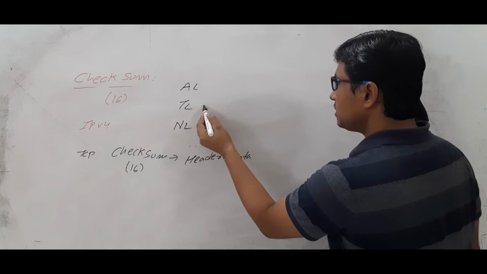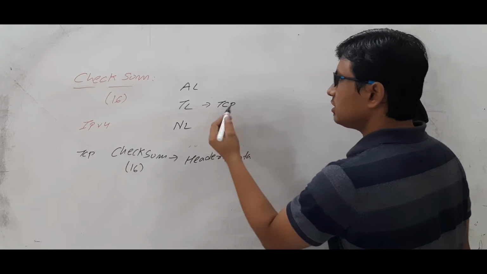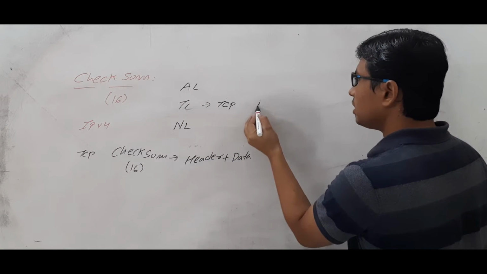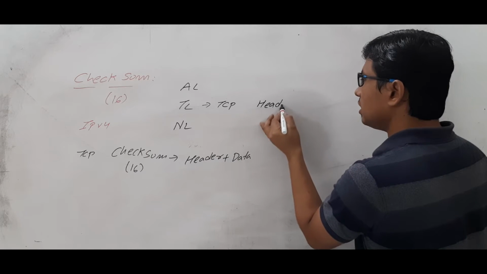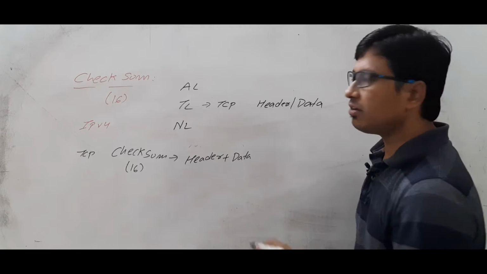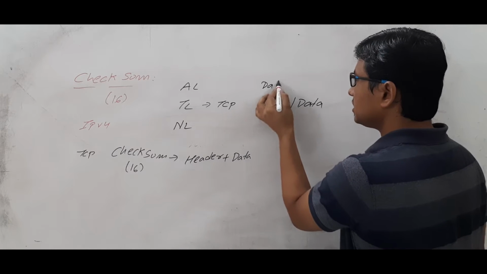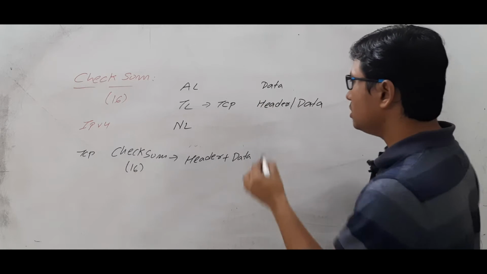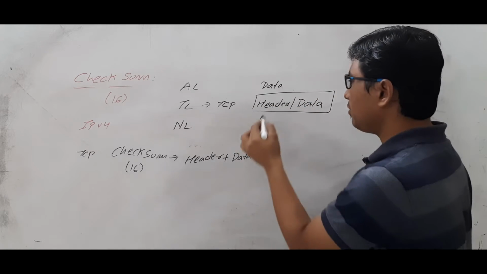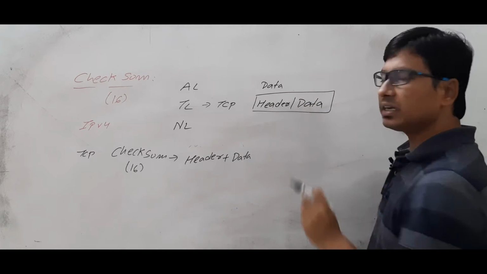So if you are using TCP, then obviously TCP has the TCP checksum. There you will compute the checksum for the TCP header and the data. This data will come from the application layer. Am I right or wrong? So for each segment you will have a TCP header and the segment data.